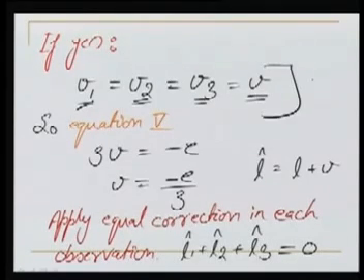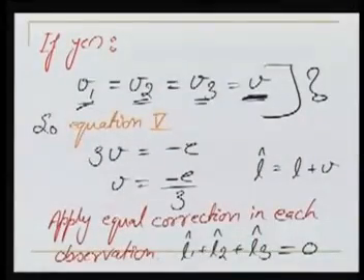Now why are we saying this? In the field we are observing L1, L2 and L3. Now we conclude that L1, L2 and L3 have been observed with the same precision. Means whatever is the error in L1, the same is the error in L2 and L3. That's the assumption here.